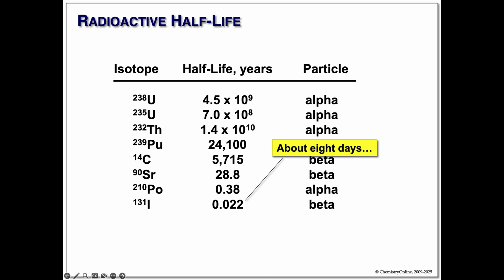Basically, the shorter the half-life, the more energetic the particle that's emitted. That's why polonium is the most energetic of all the others. Why it's so toxic. Iodine-131 is also quite toxic.